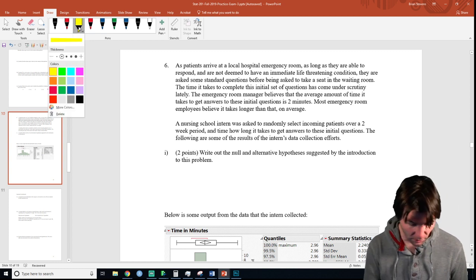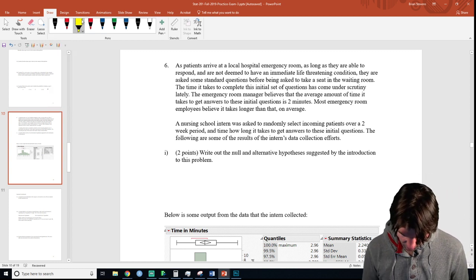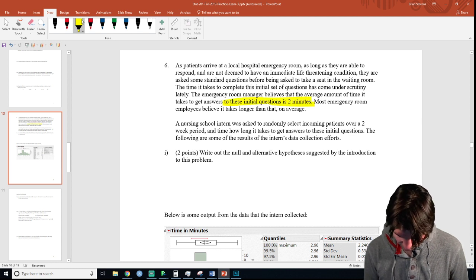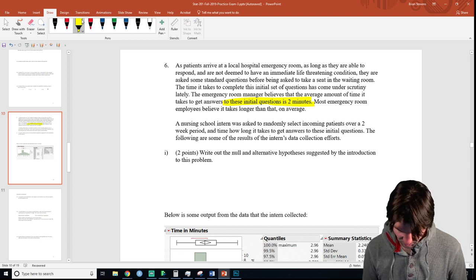We need to know the alternative for this. So the emergency room believes that the amount of time it takes to get is 2 minutes. So they believe it is 2 minutes. Now that sounds like a does not equal test for the moment. A nursing student was asked to randomly select incoming patients over a 2-week period and figure out how long it takes to get the answers to the questions.